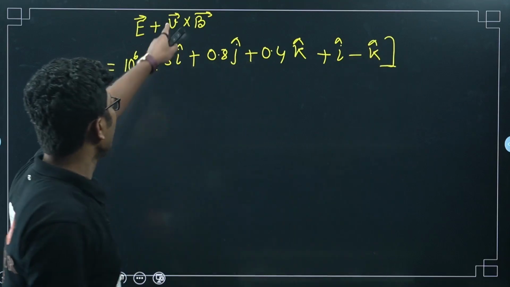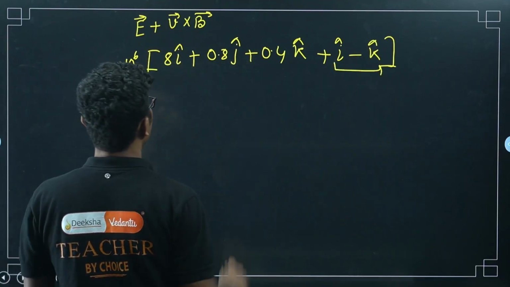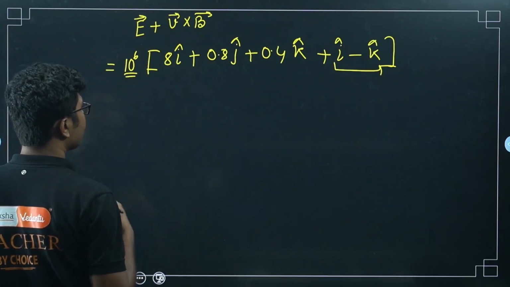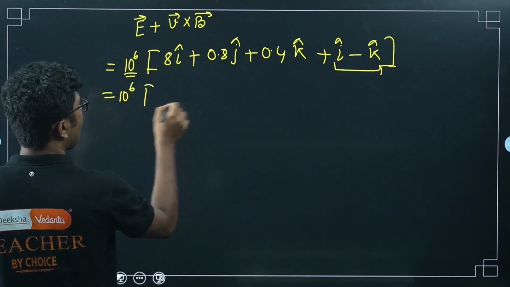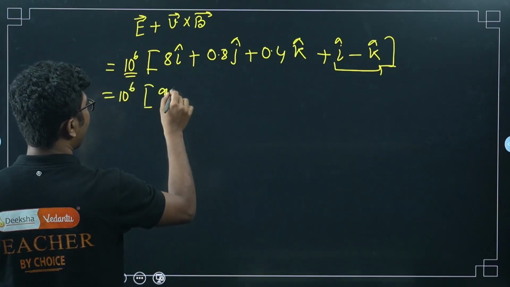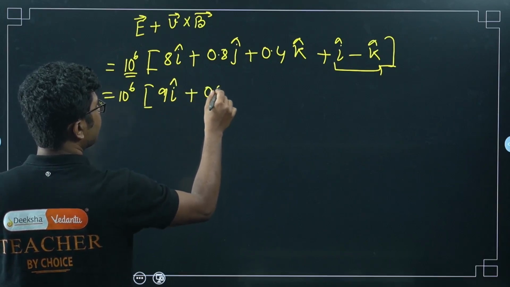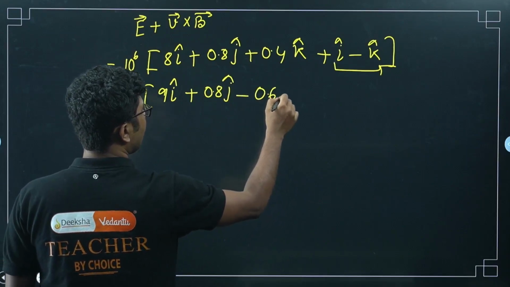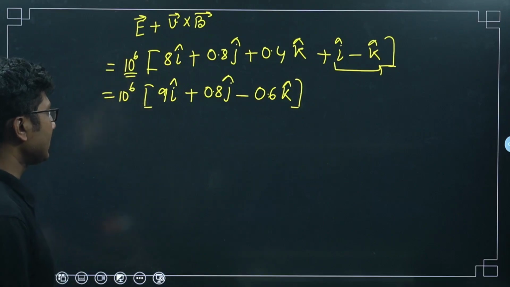This is from the v cross b, this is E, and we have taken that 4 inside so that we can take 10 to the power of 6 common. So 10 to the power of 6 remains common. We get 9 i cap plus 0.8 j cap minus 0.6 k cap. 0.4 minus 1 is minus 0.6.